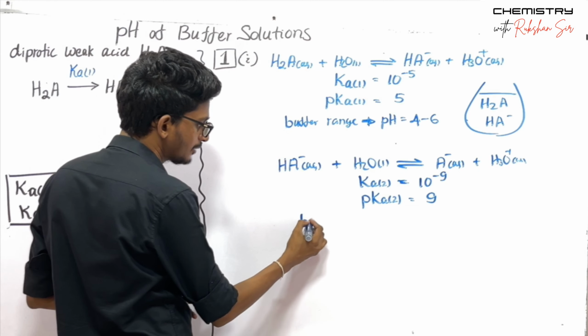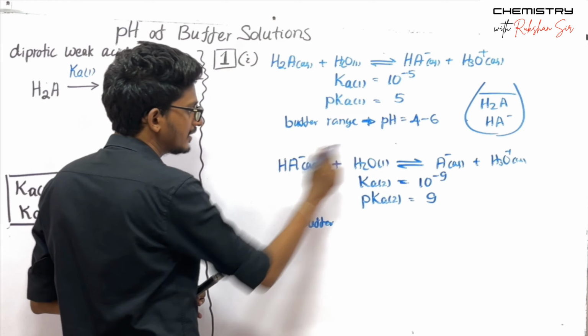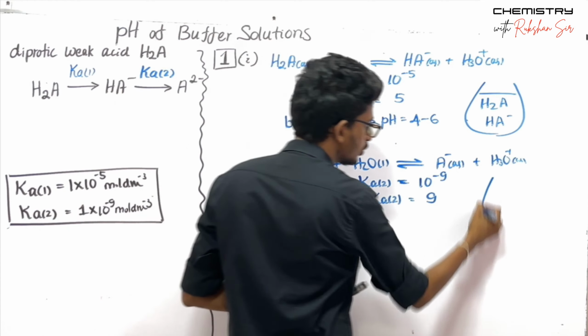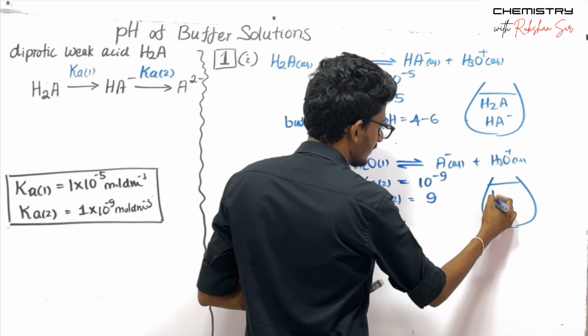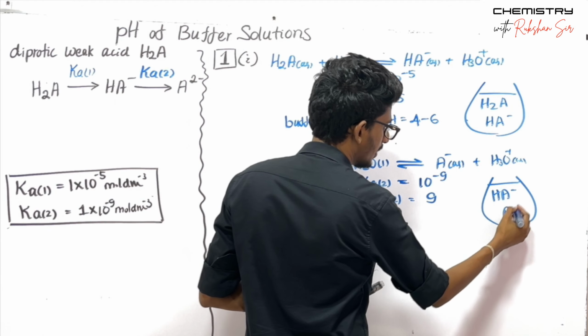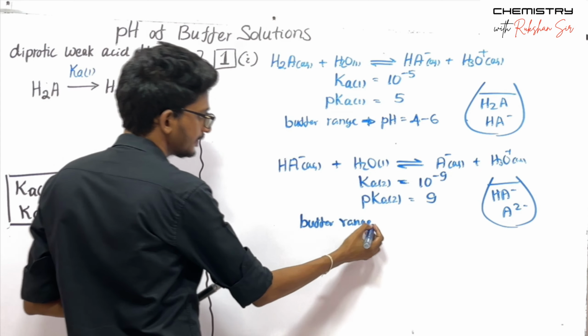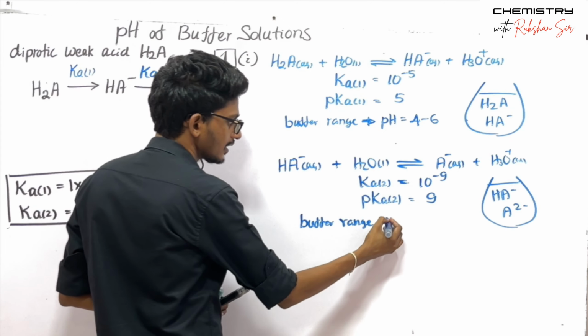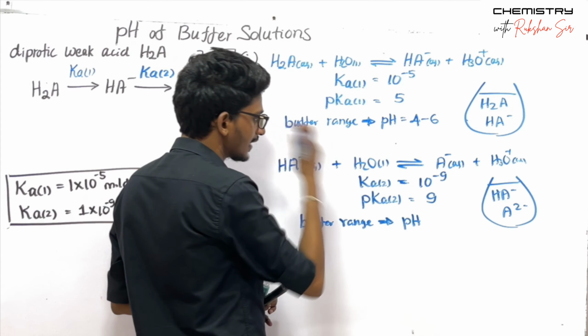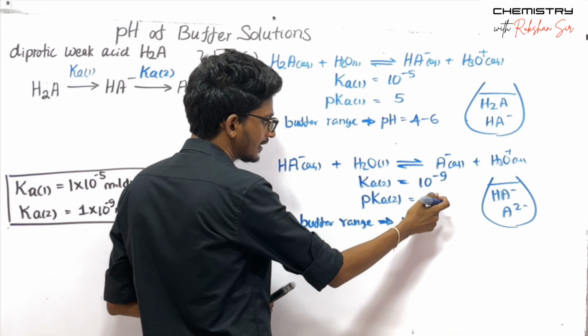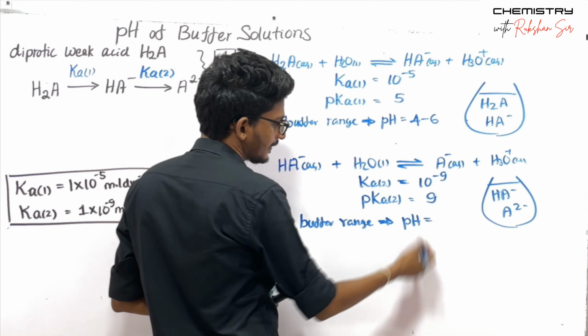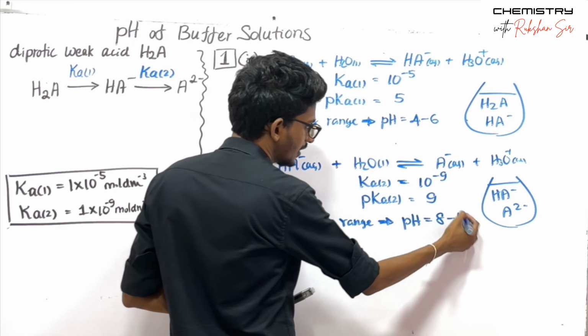So the buffer range possible with this pair, the HA minus and the A2 minus pair, is pH 9 minus 1, 9 plus 1. It is the range 8 to 10.